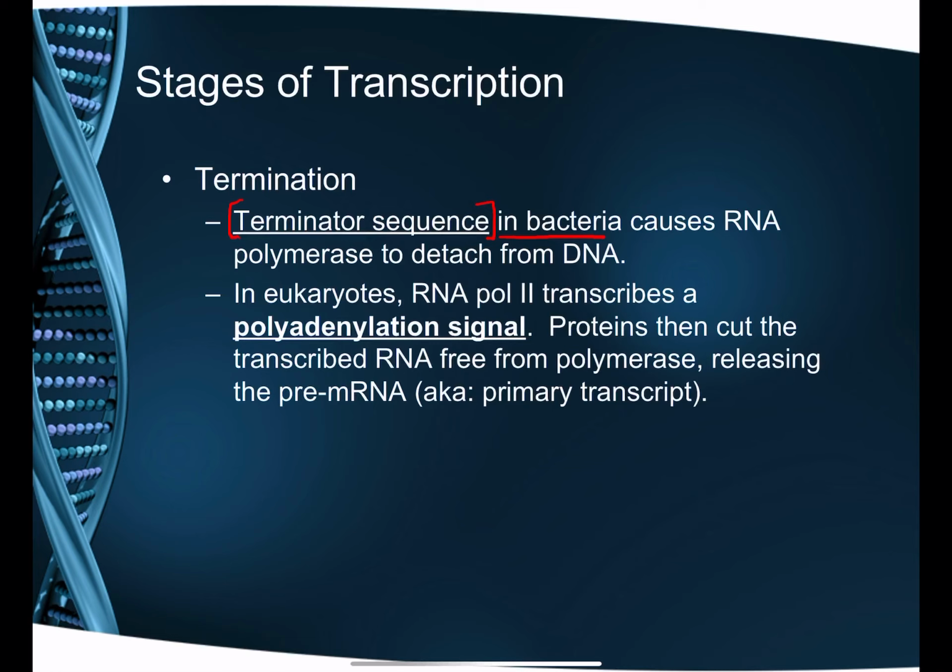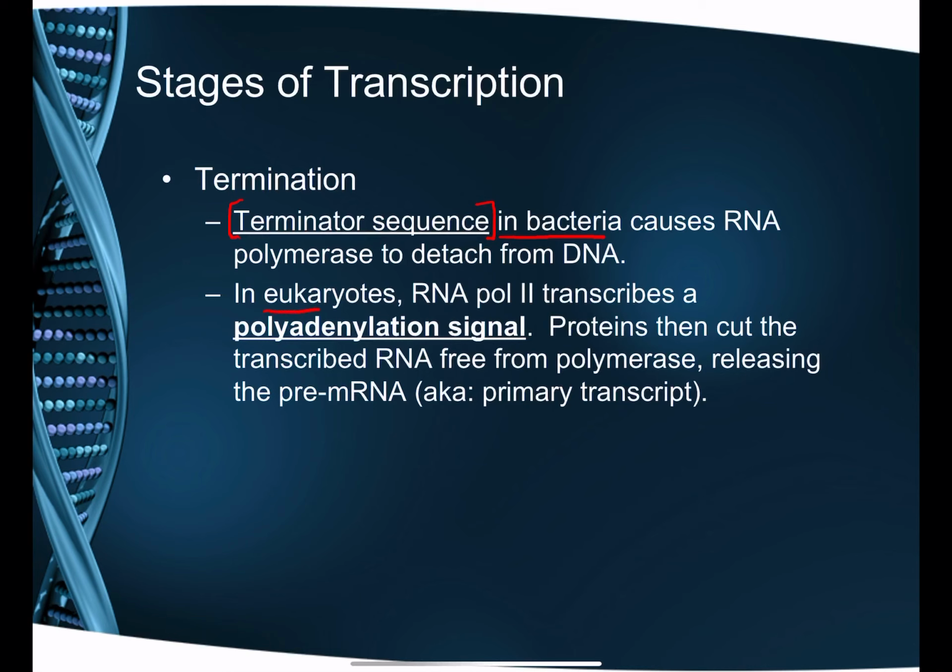It stops, it ceases transcription, it falls off, and the mRNA is released. Now, remember we talked yesterday that bacterial mRNA is not modified. There's no primary transcript or pre-mRNA. It's ready to go when it comes out. It doesn't have to do the modification steps.